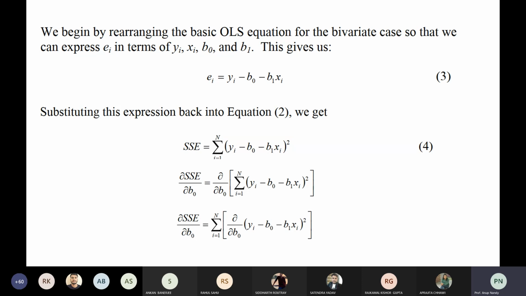Now you simply have del by del B0 of yi minus B0 minus B1 xi, squared.